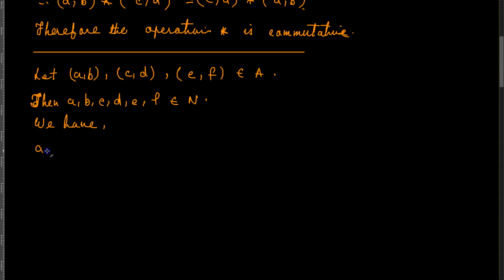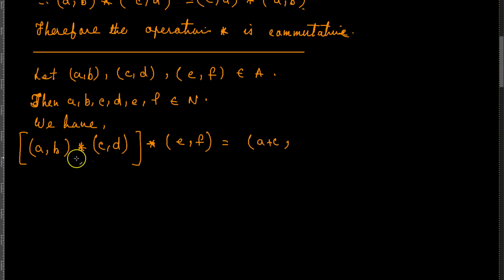So now we have (a, b) star (c, d) star (e, f). (c, d) star (e, f) is the same thing as (c plus e, d plus f). So (a, b) star (c plus e, d plus f) is the same thing as (a plus c plus e, b plus d plus f).